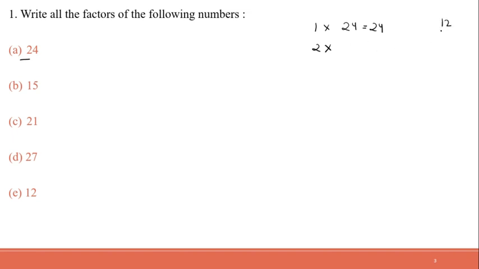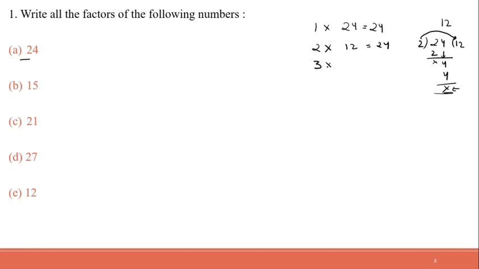If I divide this 24 by 2, what will I get? 2 into 1, 2. Then this 4. 2 into 2, 4 again. So there is no remainder left. That means this 2 will be a factor of 24. So if I multiply this 2 with 12, I'll get 24.